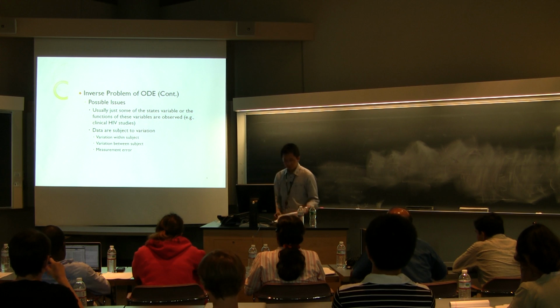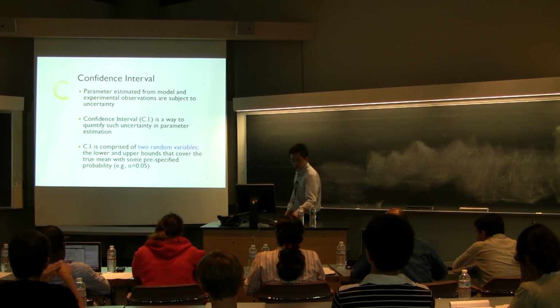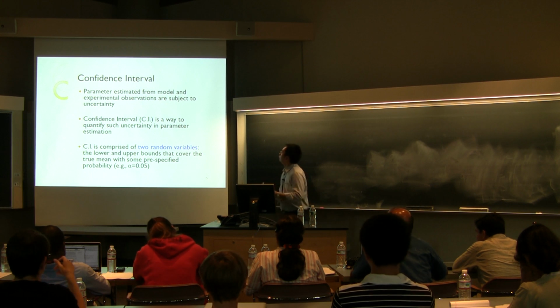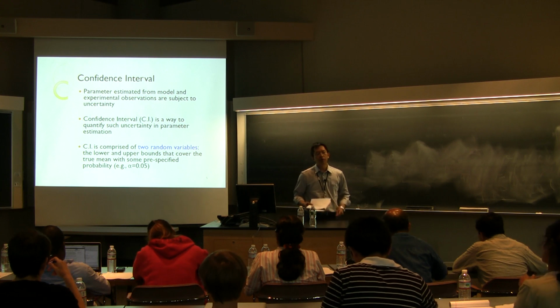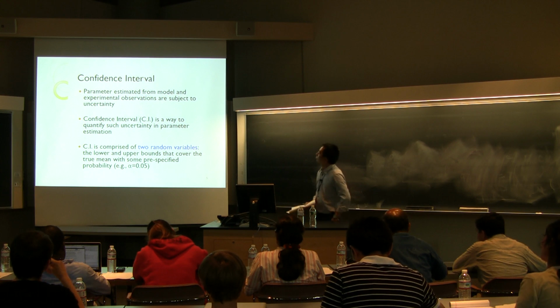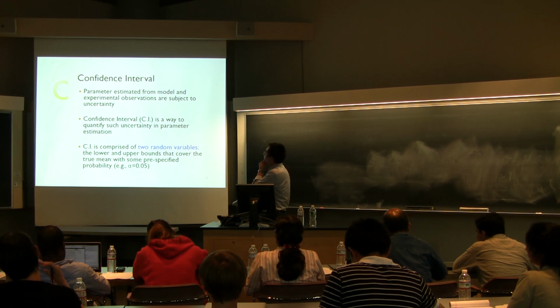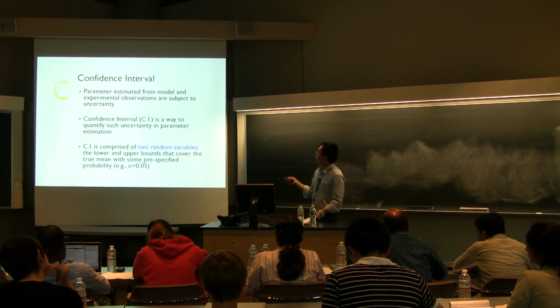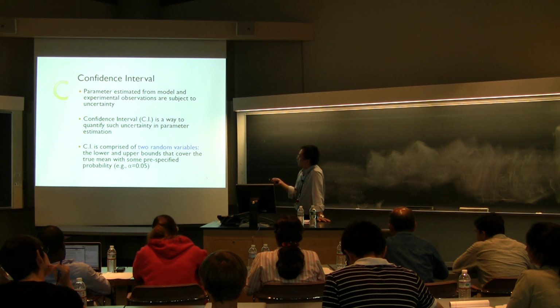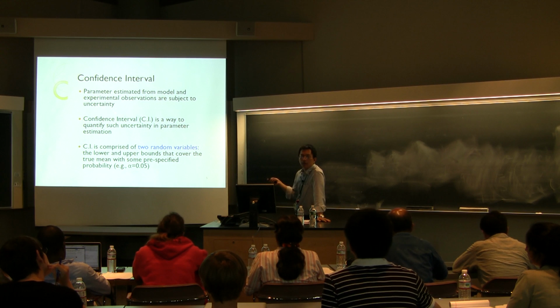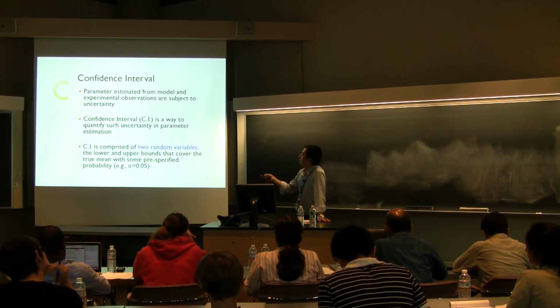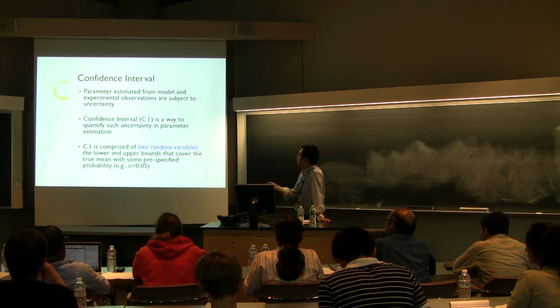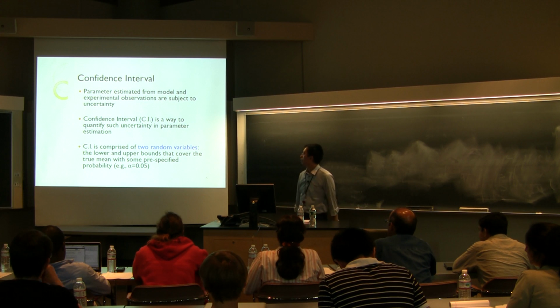So data itself has errors, and that's why when we solve the inverse problem for ODE, we need a counting rule. Basically, the counting rule can tell people how reliable your results are, or I can say it can quantify the uncertainty in the parameter estimate.